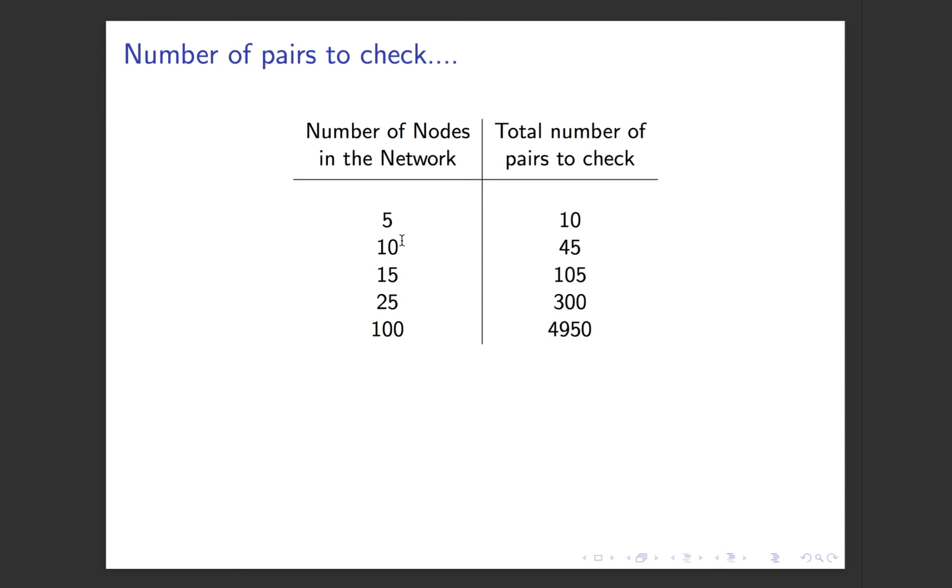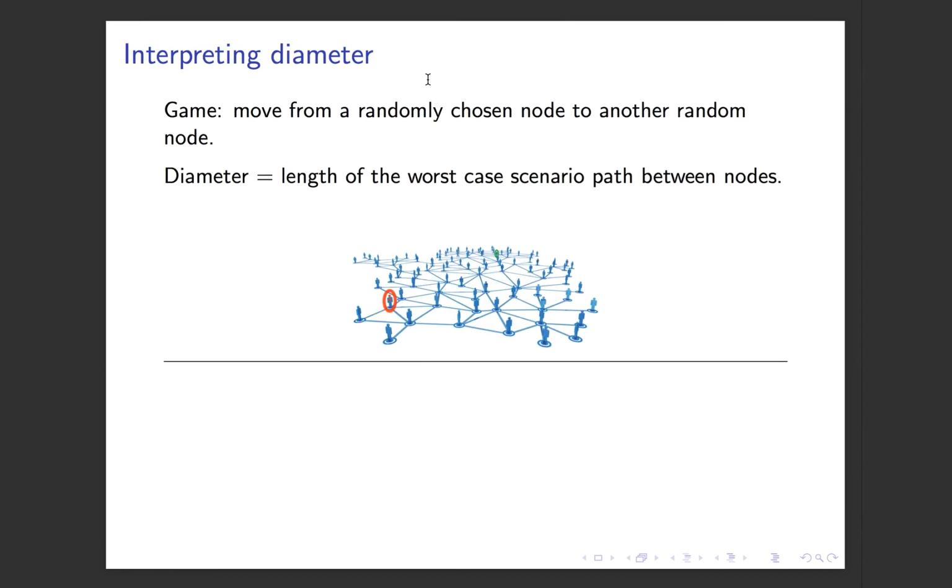If we had a network with 10 nodes, we would end up checking 45 pairs. 15 nodes increases us to 105 pairs. 25 nodes has us doing 300 pairs. And if we have a network with 100 nodes in it, which isn't too unlikely, we might have to check 4,950 pairs of nodes in order to get this done. This is not something that we want to do by hand. This is definitely something we want to employ a computer for.